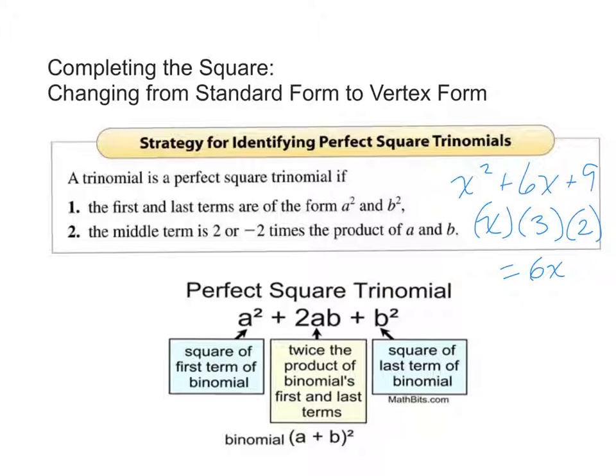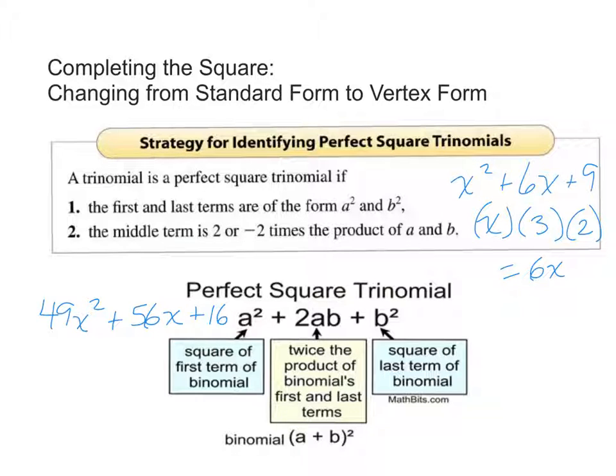If I gave you one like, let's see, I'll think up a good one. Here's an example, 49x squared plus 56x plus 16. Is that a perfect square trinomial? Yes, because the square root of the first term multiplied by the square root of the last term multiplied by 2 gives you 56. If you were just given that and told to factor it, it's not that easy to factor, right?